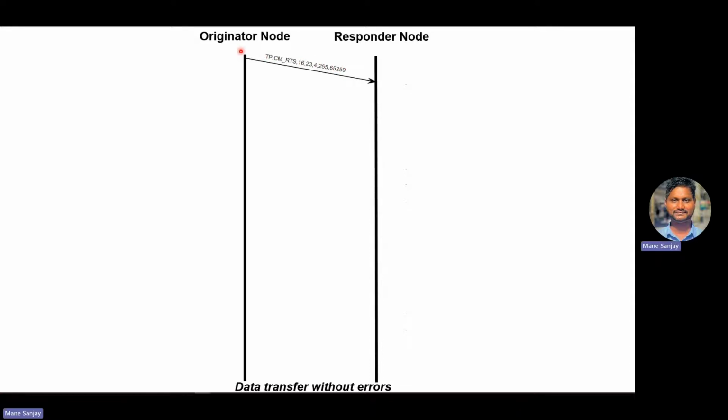One node wants to set up the communication, so initially it will send a request to send CAN message. In the request to send CAN message, the first byte is always a control byte. So 16 is a control byte, and 16 means it is a destination specific request to send message.